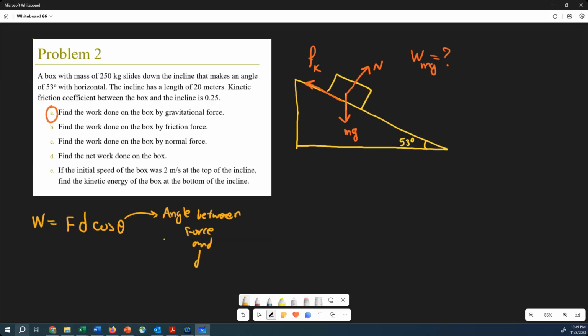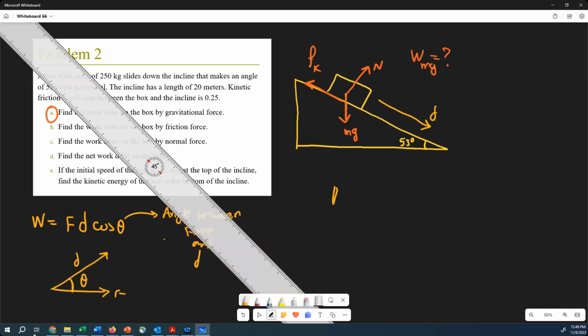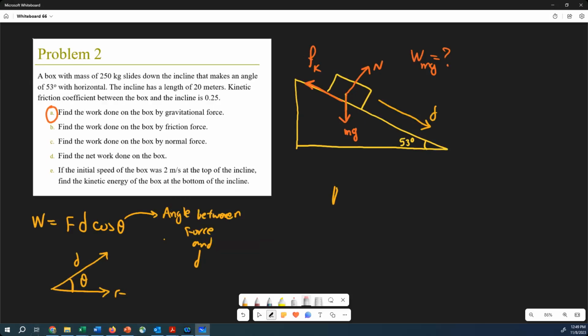If this is a force and the motion is in this direction, the angle is going to be this theta. What is the direction of the motion here? The direction of the motion is this direction. So what if I find the angle between the mg and d? How can I draw it? I just draw it here.